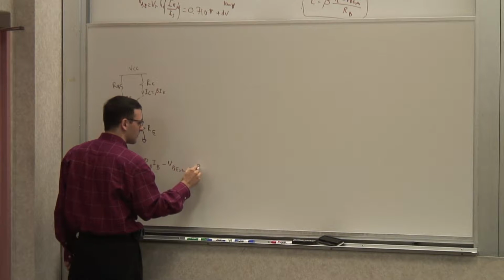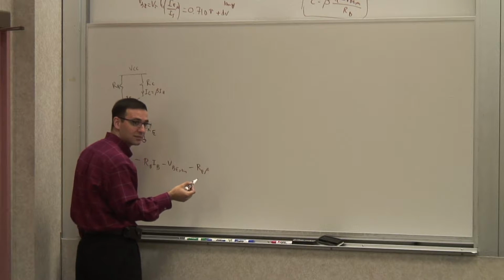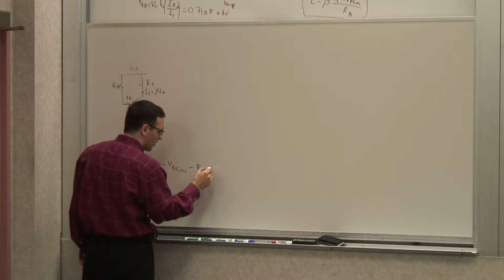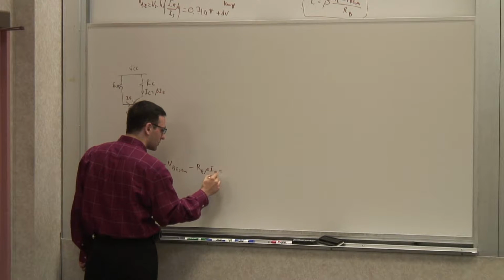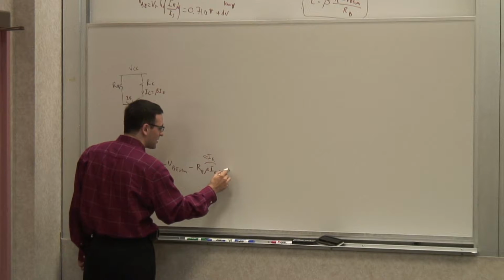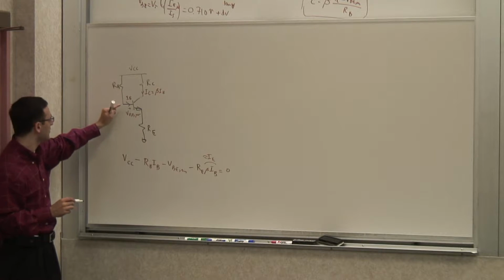Beta IB RE. You could say beta plus 1 IB, really, exactly, but it's beta, approximately. But it's beta plus 1, because it's IE, which is IB, approximately, is 0. Right? Because I started from VCC and went down this one.